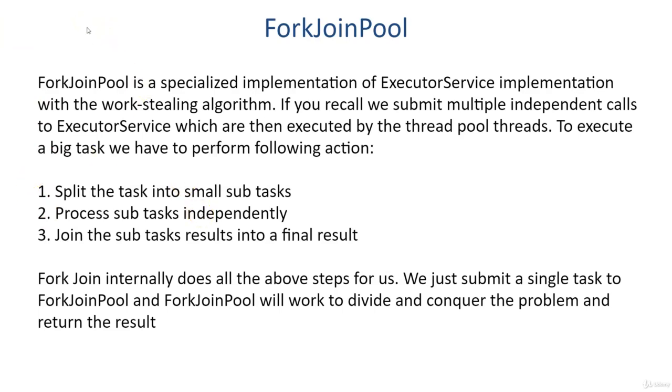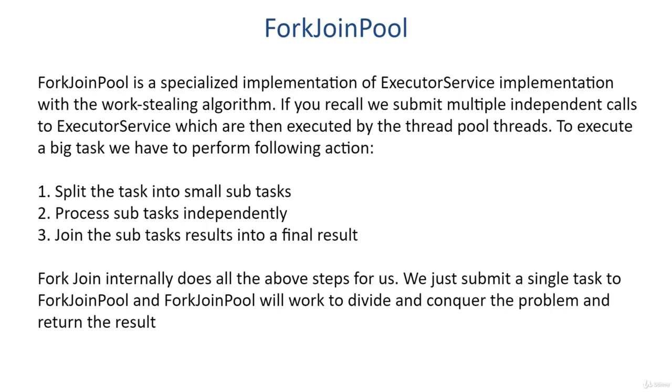Fork join pool. Fork join pool is a specialized implementation of executor service with the work stealing algorithm. If you recall, we submit multiple independent calls to executor service, which are then executed by the thread pool threads.